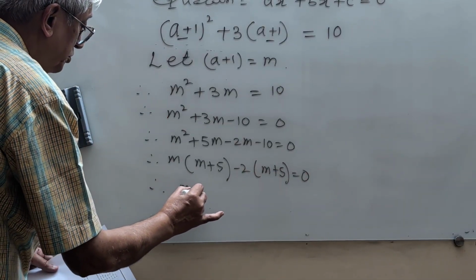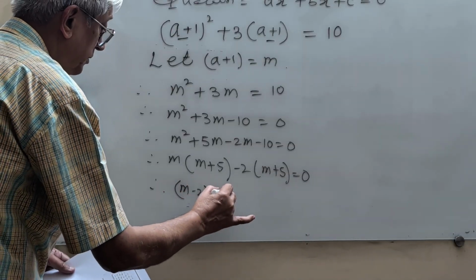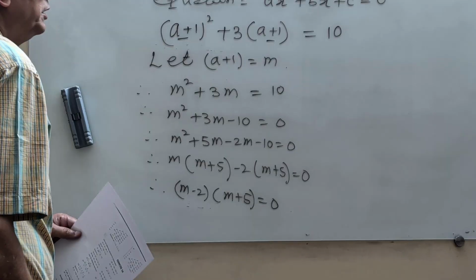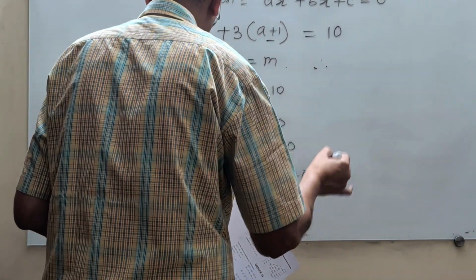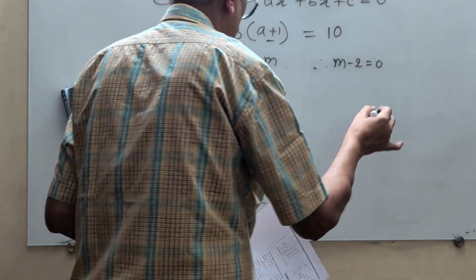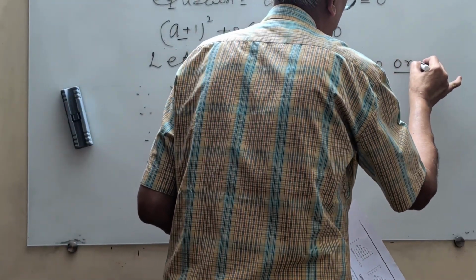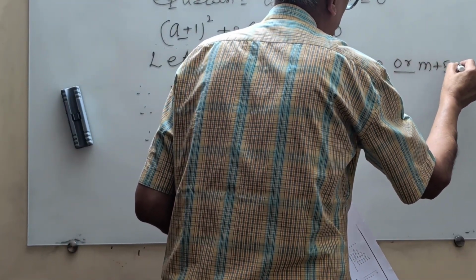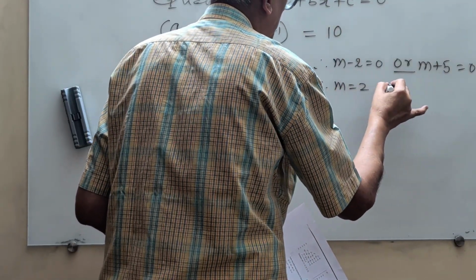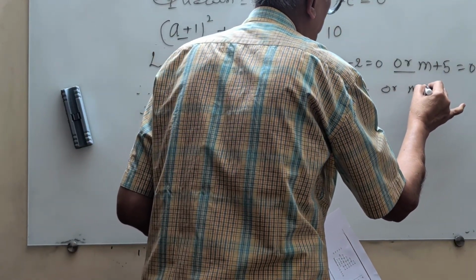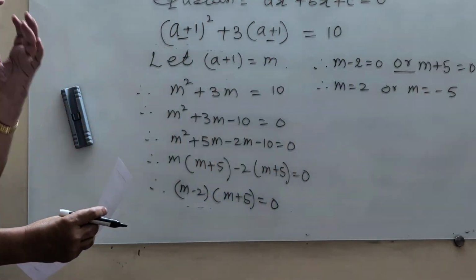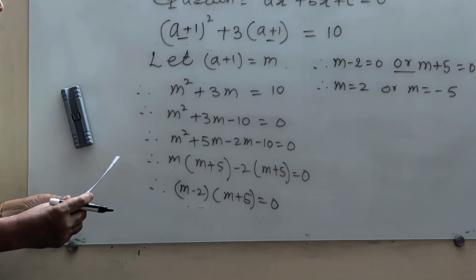Therefore m minus 2 is equal to 0 or m plus 5 is equal to 0. But this is not the end of the sum. Therefore m is equal to 2 or m is equal to minus 5. Now we have to resubstitute because we have to get the value of a.